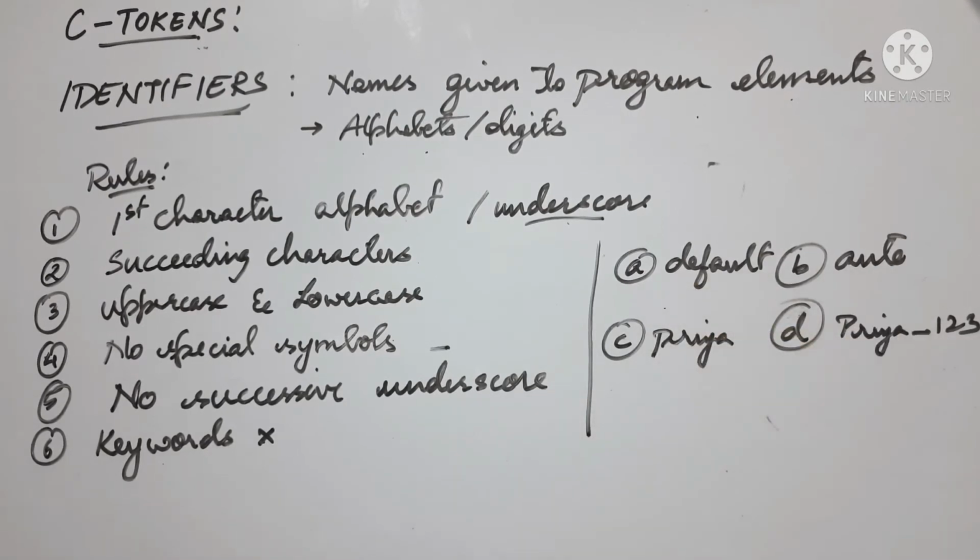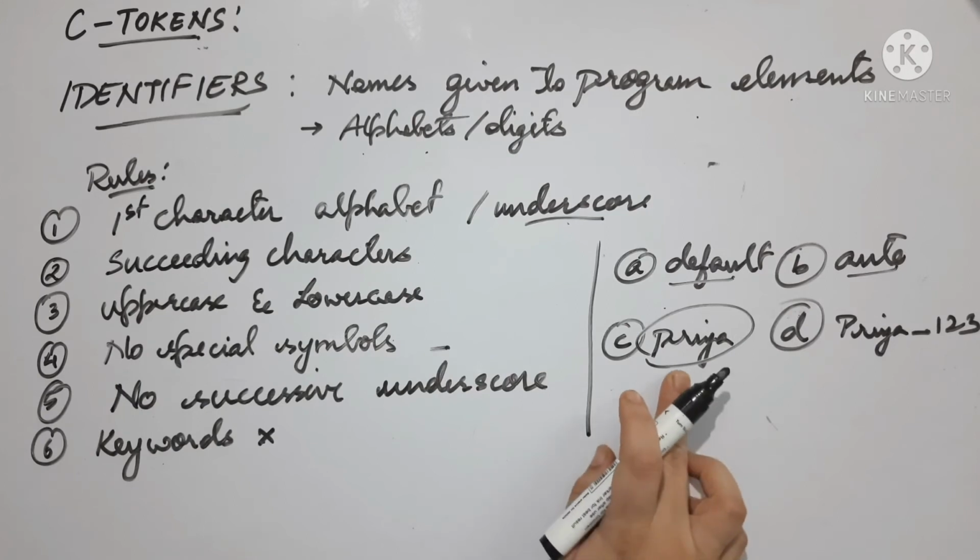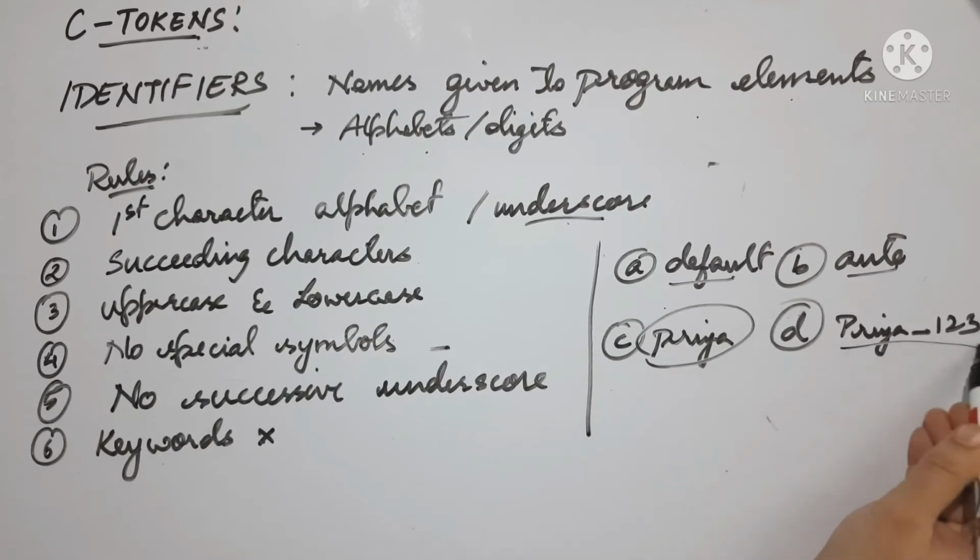Now among these, which are the identifiers and keywords? Yes, default is a keyword, auto is also a keyword, Priya comes under identifier, Priya123 also comes as an identifier.